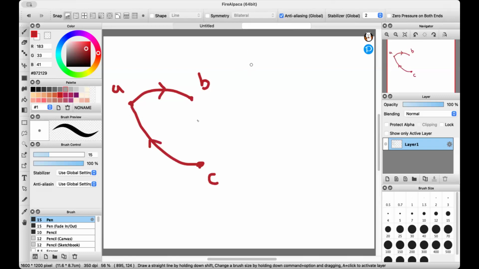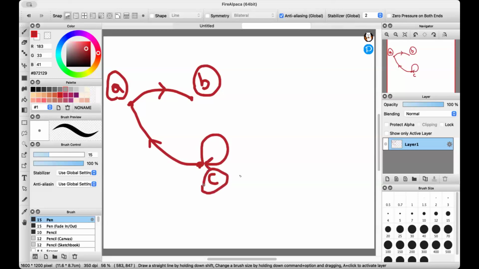In a graph with directed edges, if we have an edge going from A to B, we say that A is adjacent to B, but B is adjacent from A. And we call A the initial vertex, and we call B the terminal vertex, or the end vertex. But if we have something like a loop like this, then C is both the initial and the terminal vertex.